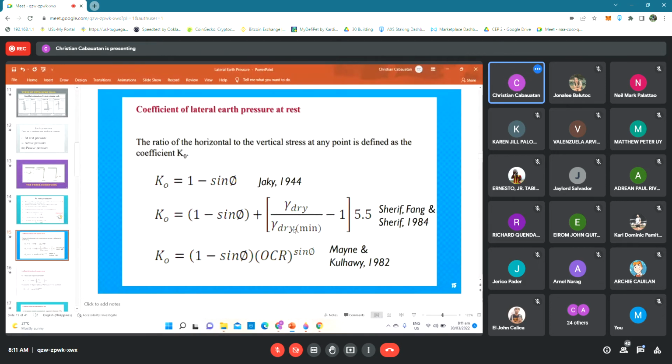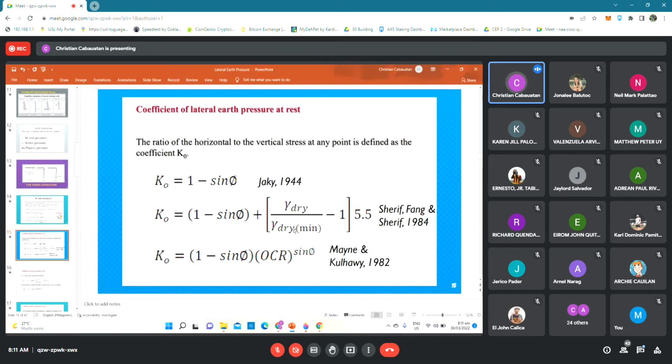And Mayne and Kulhawy is different, wherein Jaky 1944 added the over-consolidated clay, raised to sine phi.